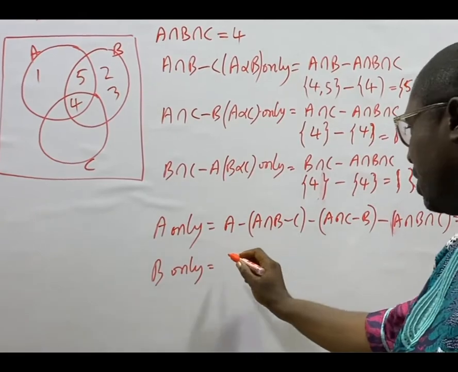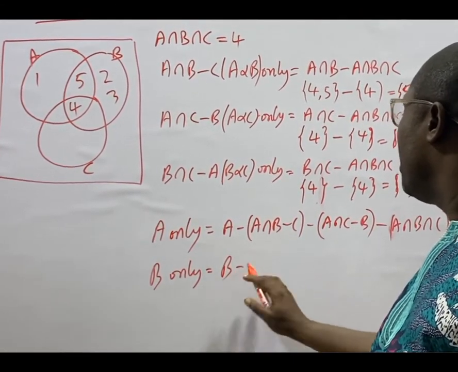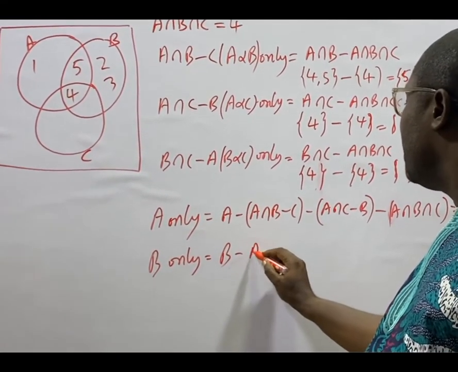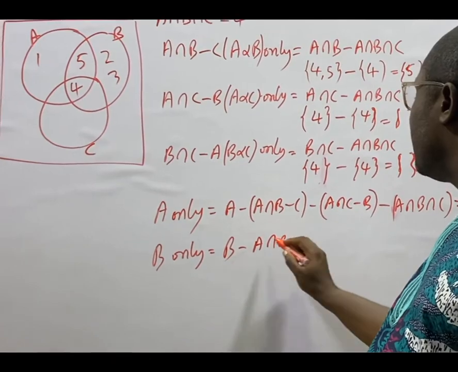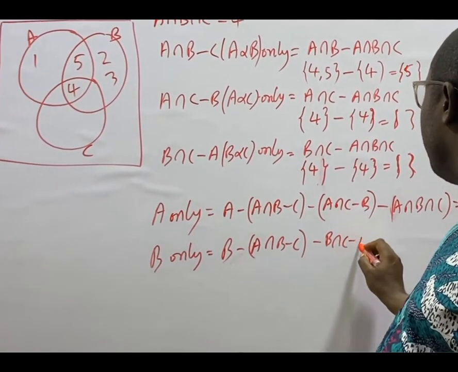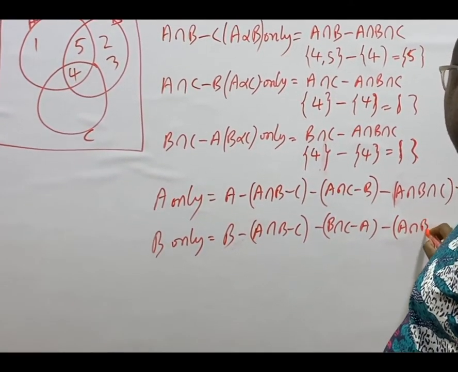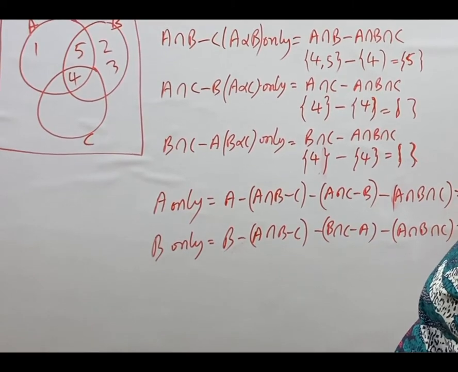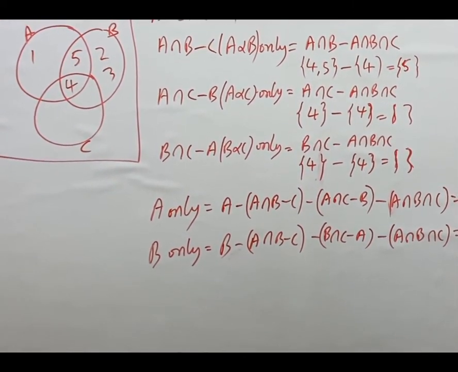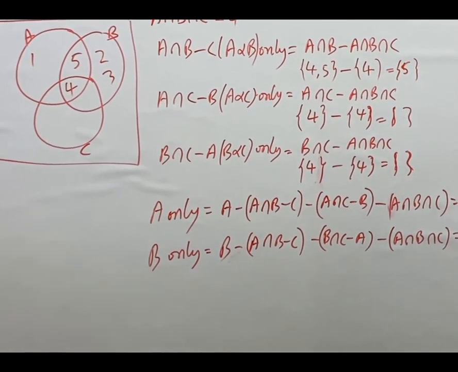So B only is actually B minus A intersection B minus C minus B intersection C minus A minus A intersection B intersection C. And then we're left with 2 and 3.